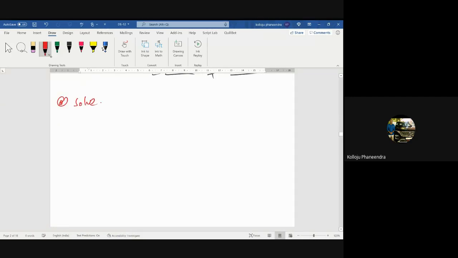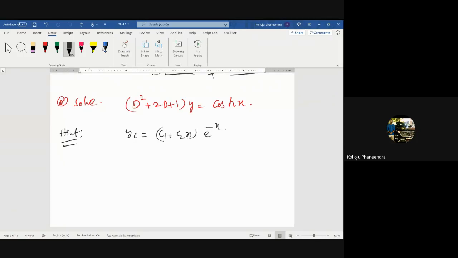Solve: D square plus 2D plus 1 into y equal to cosine hx. Just a hint I am giving. Complementary function you can calculate. What is D plus 1 whole square? So what is yc? D plus 1 whole square means negative 1, 2 times repeated. So this is yc.